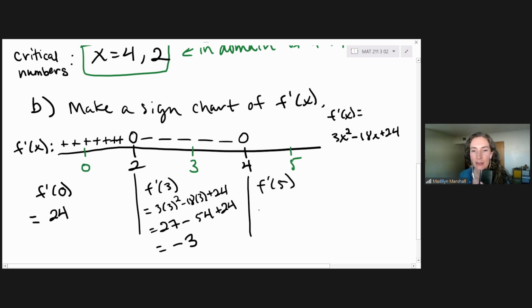And then with a 5 in it, we'll just plug that one into the calculator. And we get a 9, so that is now positive.